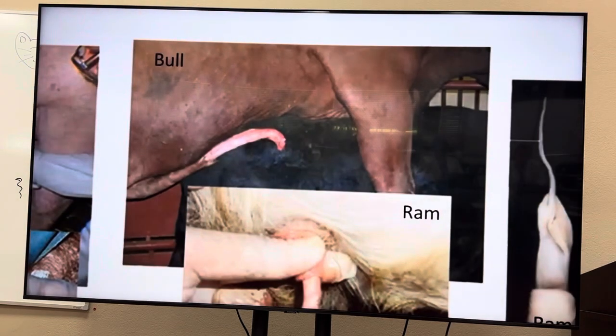In the bull, we will say that the penis is rounded and also it has an elongated glans penis.